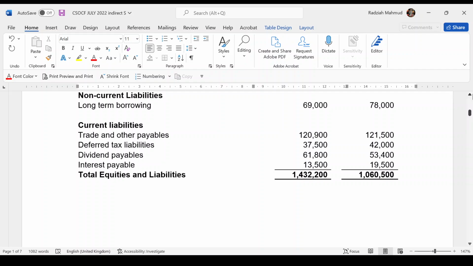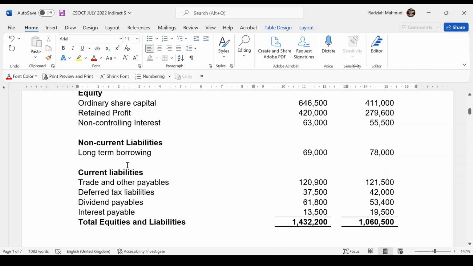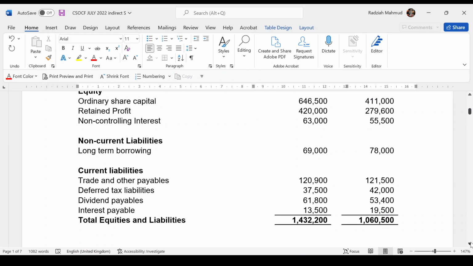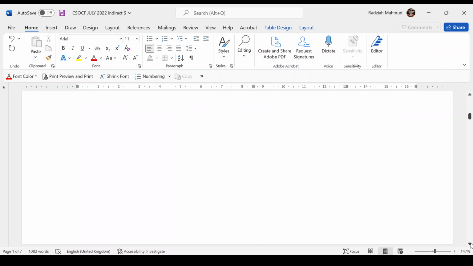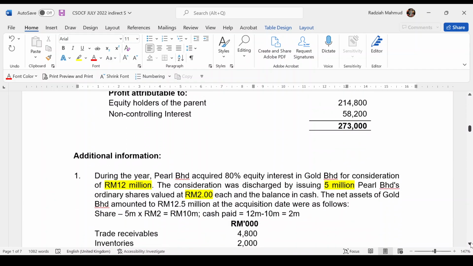Okay, so after NCI, we have long-term borrowing. For long-term borrowing, we cannot simply look at the difference here. We need to check whether we have long-term borrowing when we acquired a new subsidiary.